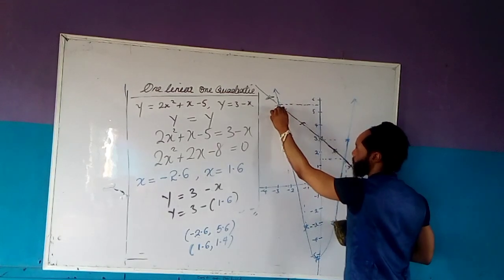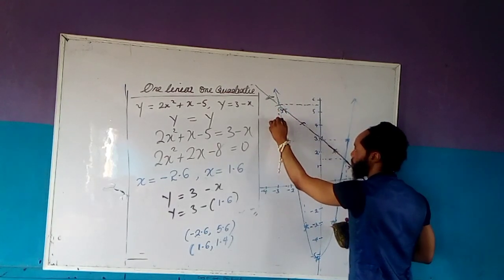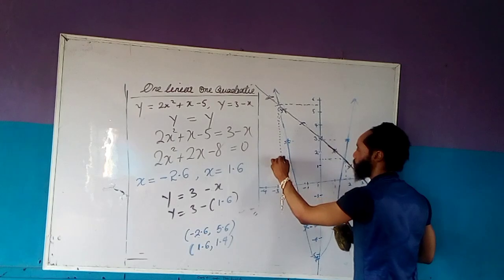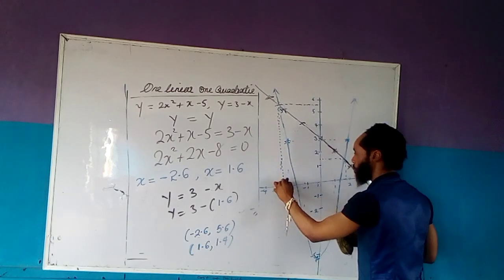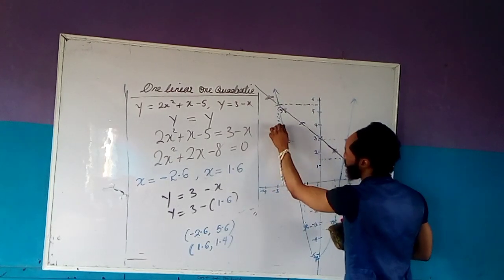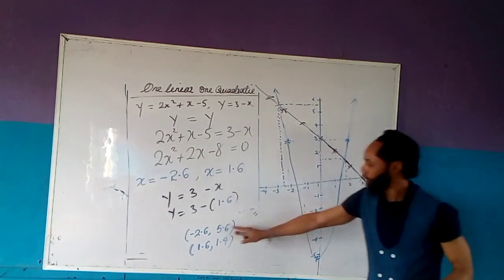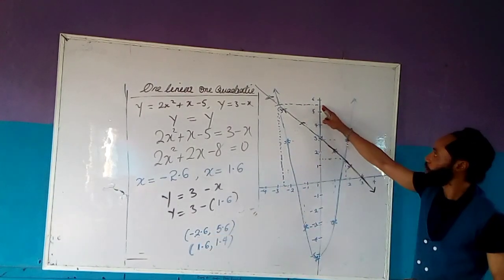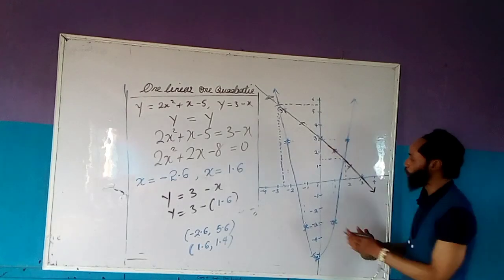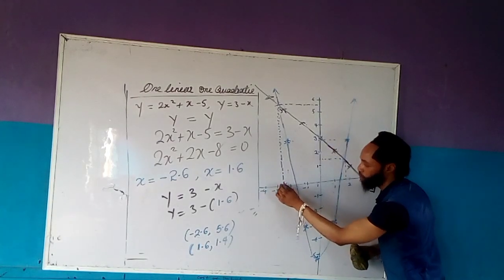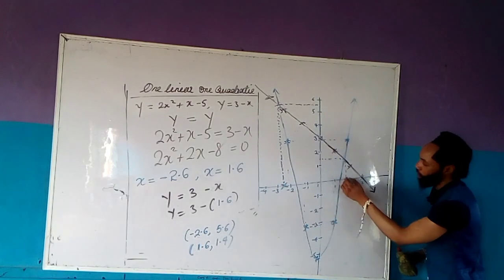Now trace it down. Negative 2.6. Let's go down. If we trace it down, we are close to almost half of this. So when x is negative 2.6, y is 5.6. So this becomes our solution, this and this place.